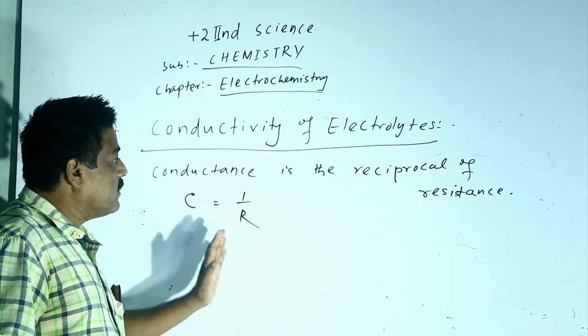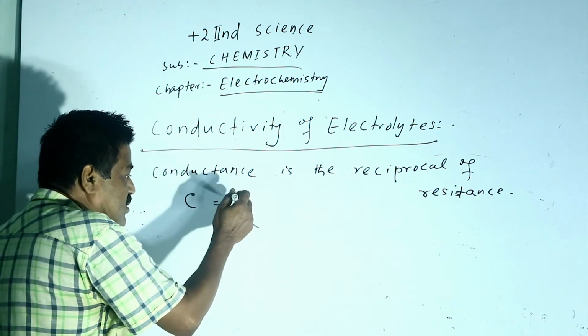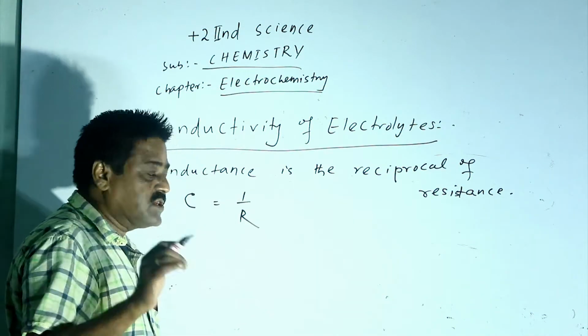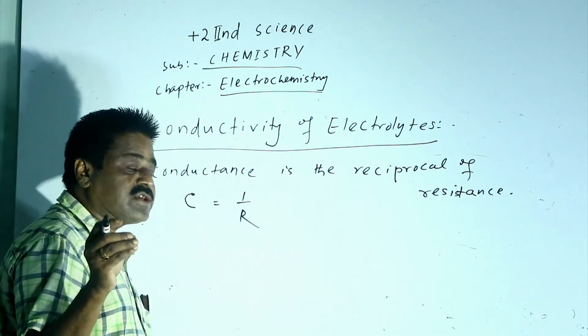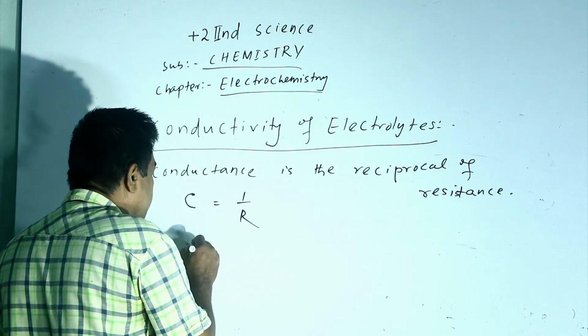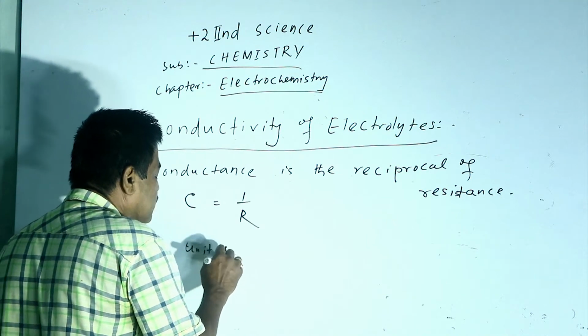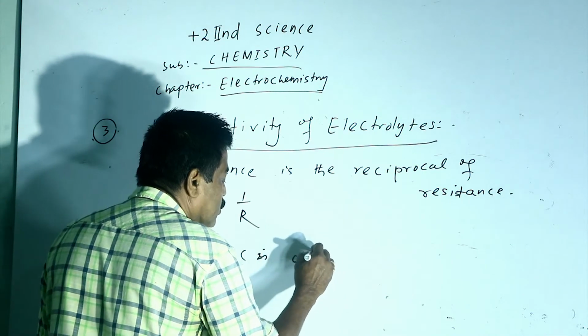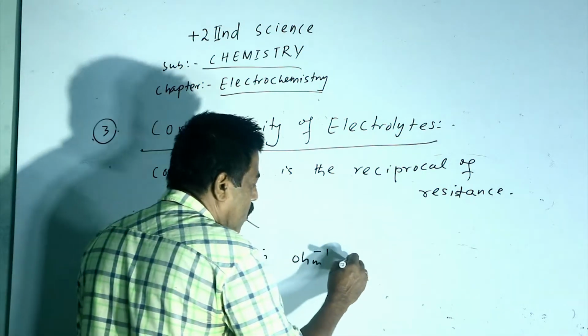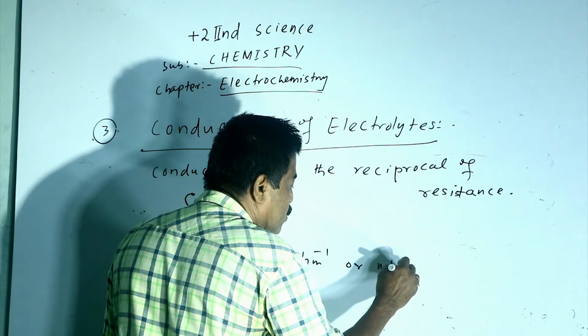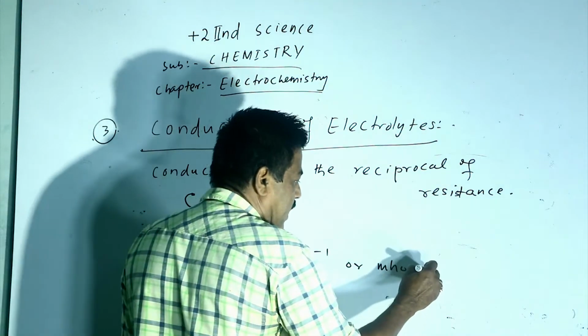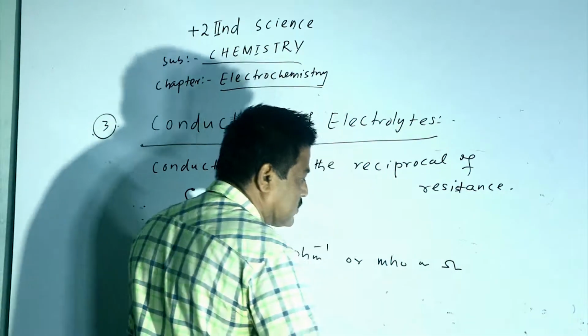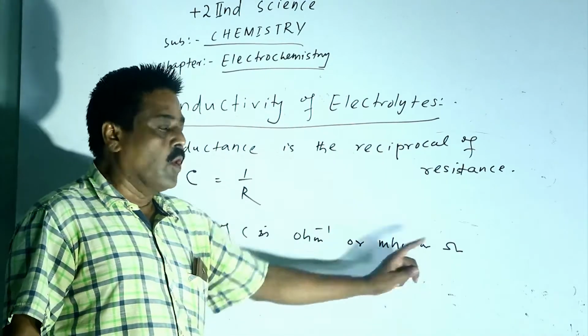Here C is equal to 1 by R. As R is the resistance and the unit of resistance is ohm, therefore the unit of C is ohm inverse, or it may be called mho, and it is represented by the inverted ohm symbol.